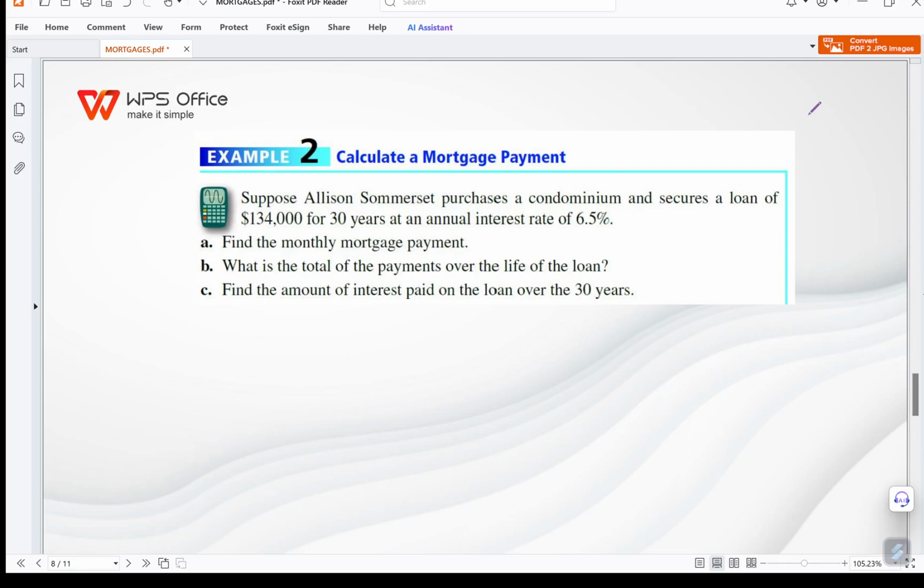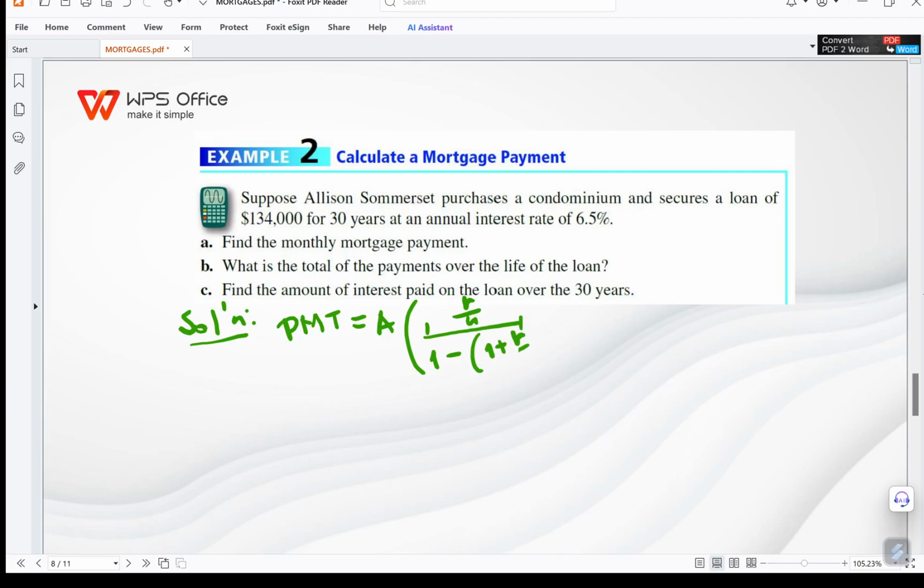Okay, so solution. Again, we recall the formula PMT, right? This is equal to the loan or the mortgage A times R over N, where R here is the interest rate and N is the number of payments to be made per year, over 1 minus (1 plus R over N) raised to the power of negative N times T. So our A here is, of course, $134,000, right?